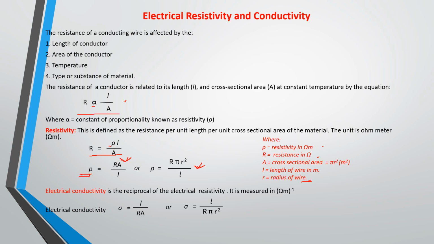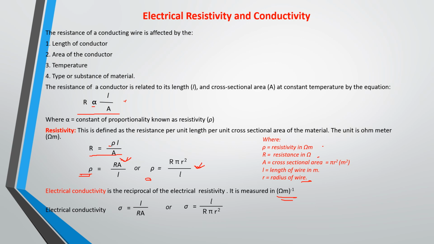Now, electrical conductivity is the reciprocal of electrical resistivity, and it is measured in per ohm meters. So once you have found your resistivity and you want to find the conductivity, just find the reciprocal of your resistivity.